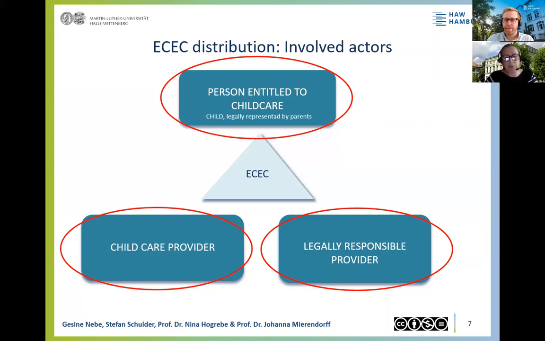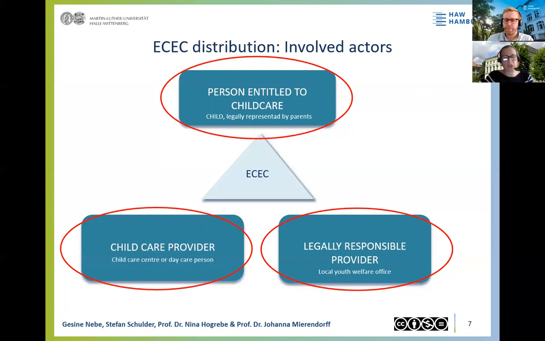As mentioned, the person entitled to childcare is any child aged 1 year or older. The child is legally represented by its parents. The legally responsible provider is in principle the local responsible municipality in which a child lives, and in consequence, usually the responsible authority, which is the local youth welfare office.